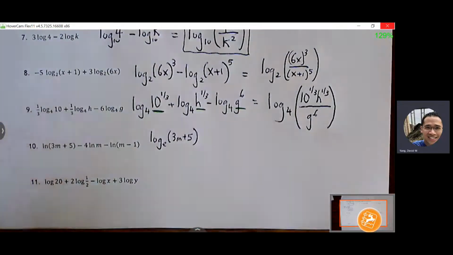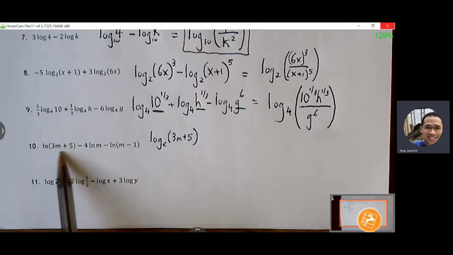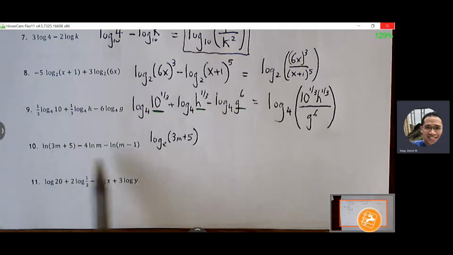Okay, the only thing I can do power-wise is bringing that 4 up top, but I can't do anything with that 3n plus 5 and that n minus 1. Those are stuck, okay? I can't do anything with those.